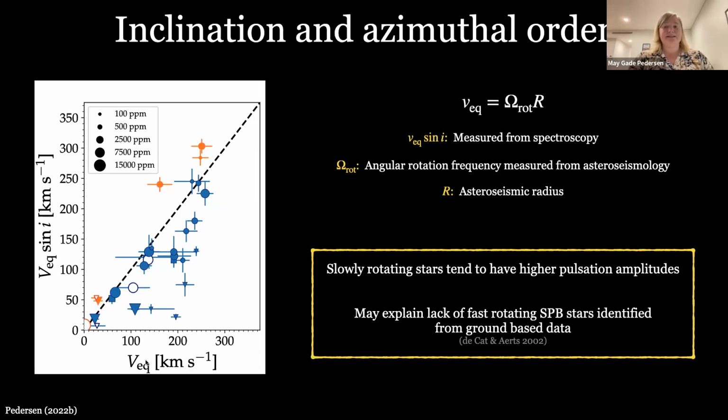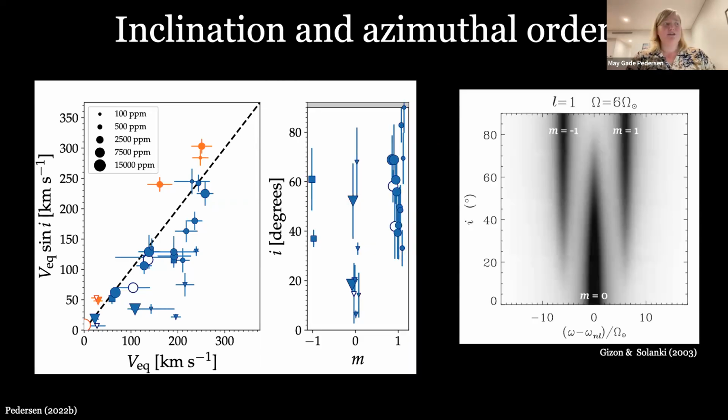So now that we have these estimates, we can go on and derive what the inclination angles are. That's what I'm showing you here in the central plot. And I'm showing you what the inclinations are according to the azimuthal order of the oscillations themselves.